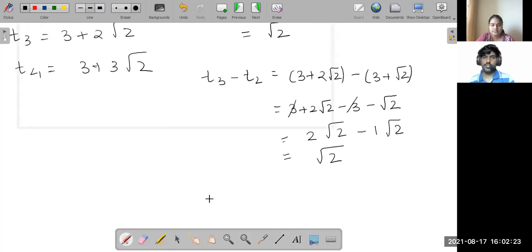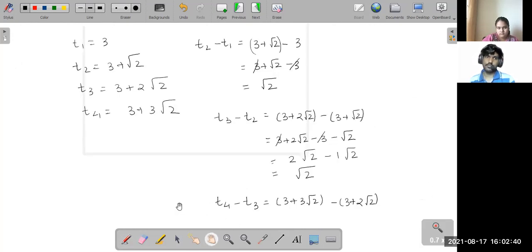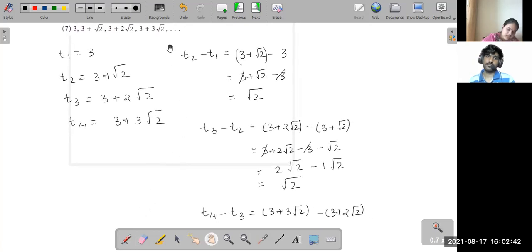Yeah. In the exact same way, can you do T4 minus T3? Yes. That will be 3 plus 3 root 2 minus 3 plus 2 root 2. I want you to complete this last one.